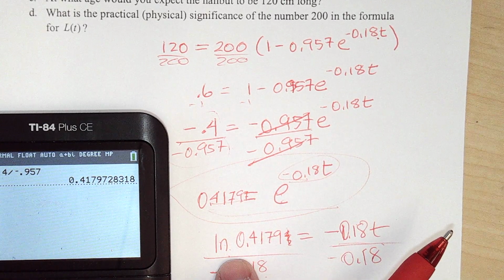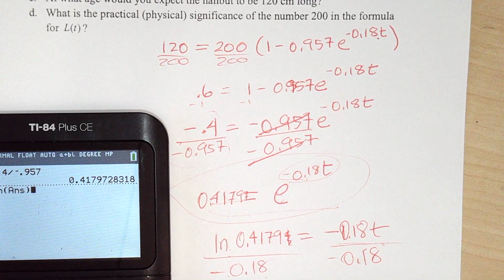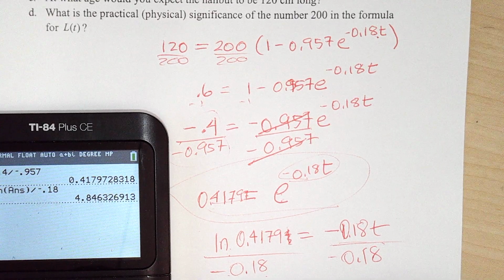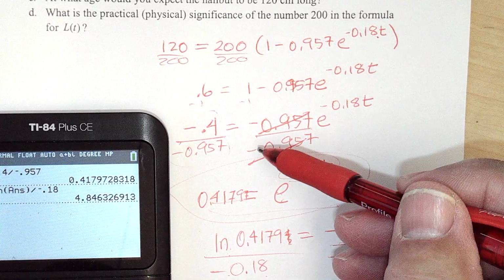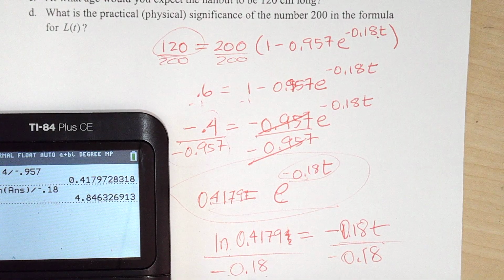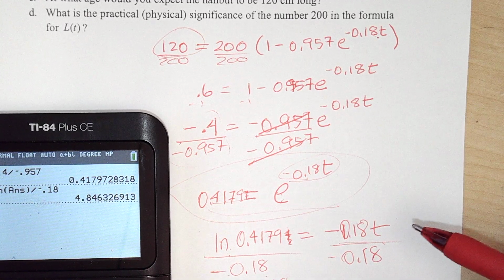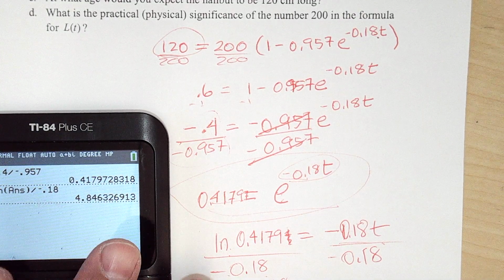So ln of my answer divided by negative 0.18 says t, the number of years old, to be 120 centimeters long, is approximately 4.8 years. At 6 years, it'll be 135. Okay.